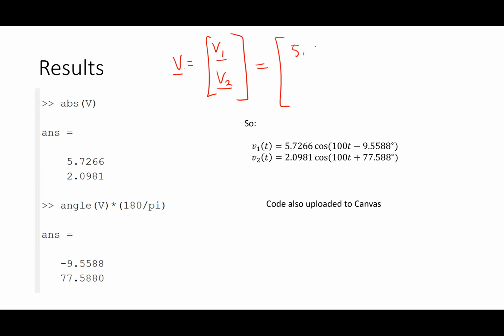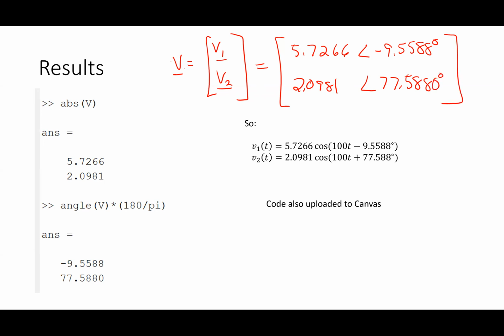So I got 5.7266 angle negative 9.5588 degrees. And I got 2.0981 angle 77.588 degrees.